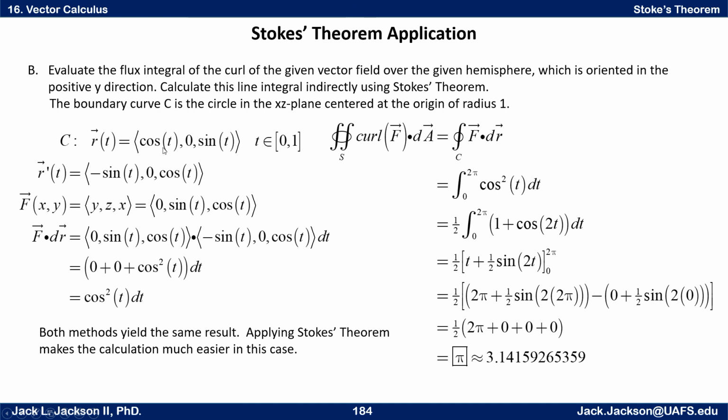Okay, so the boundary curve is just a circle. y has to be positive on this surface, but the boundary curve is in the xz plane. So the y is always 0.